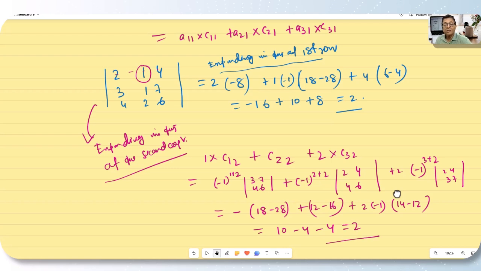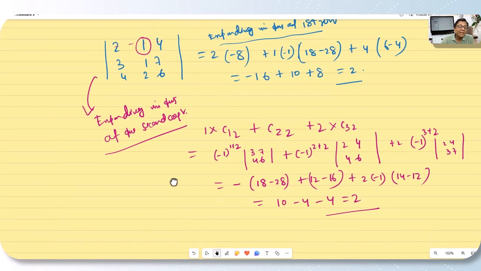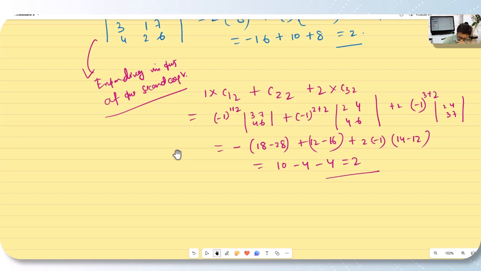See, the value is 2 only. So irrespective of whether you are expanding in terms of a row or in terms of a column, both ways it will give us the same value. We can expand in terms of any row or any column we want to.